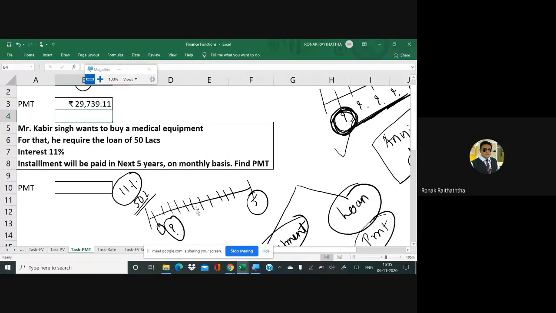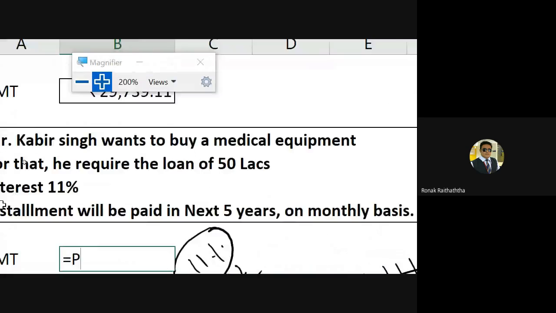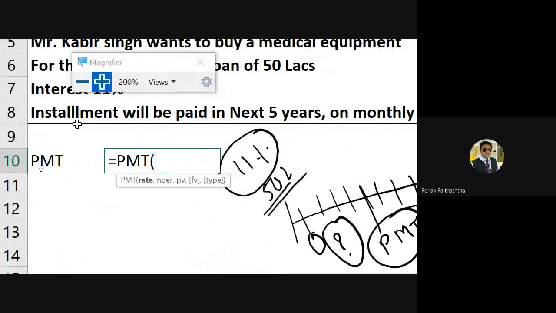So again, this amount of investment we are finding, that is PMT. As simple as that. Let's use the formula equal to PMT, opening the bracket, rate shall be 11% divided by 12, because this installment will be paid on monthly basis.